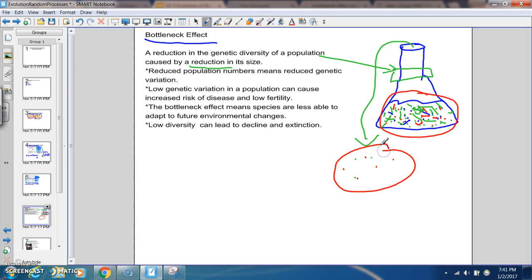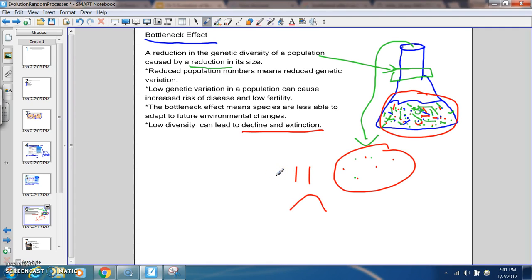So this low genetic variation in a population is not a good thing, because there's definitely an increase in the risk of disease and there's low fertility. If there's environmental change, which there always is, they are less apt to adapt to that change over time, and eventually it could lead to the decline and extinction of the actual species.